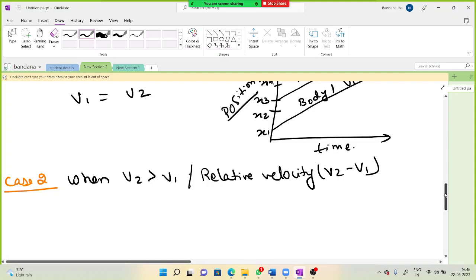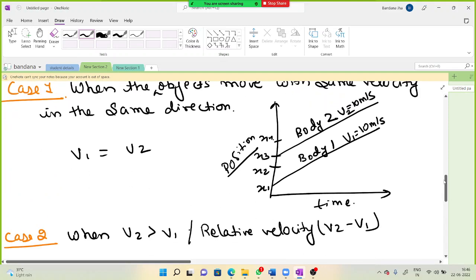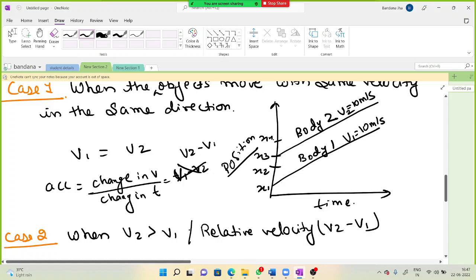If you remember the acceleration formula, acceleration is equal to change in velocity upon change in time. So we are not writing V1 minus V2; we are writing V2 minus V1, from the bigger to the smaller.